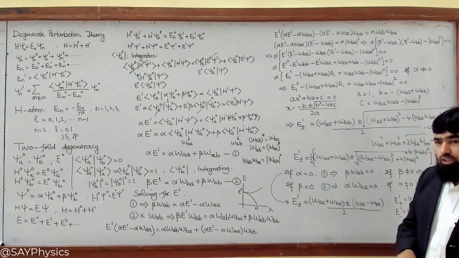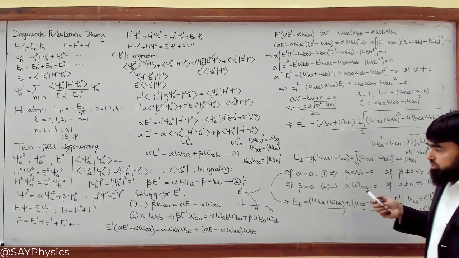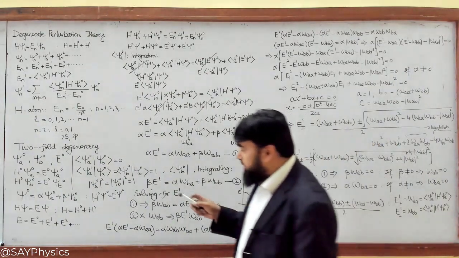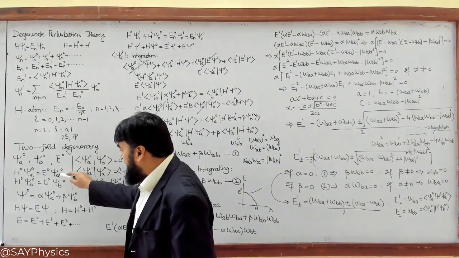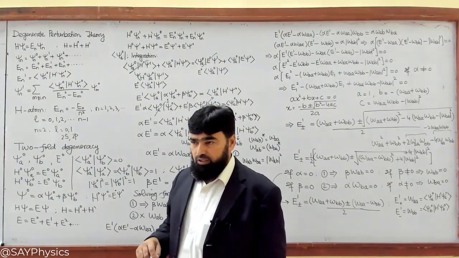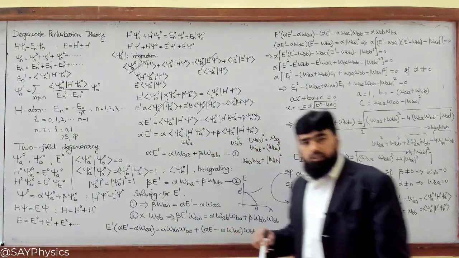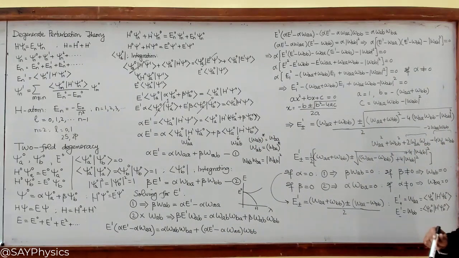And why has this degeneracy been lifted by considering this term equal to 0? Because we were lucky to have psi A0 and psi B0 such states. Okay? Psi A0 and psi B0 are such states.